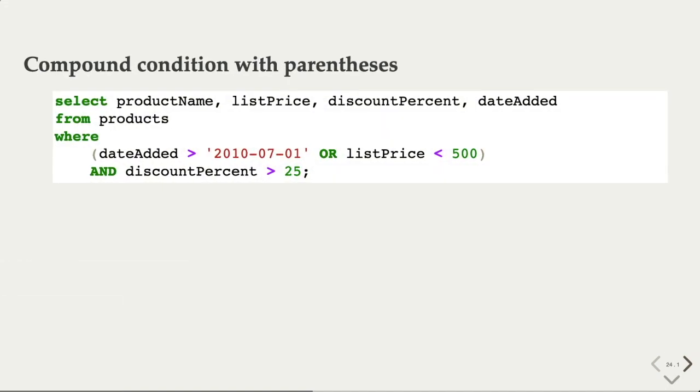Now, just now we did not use any parentheses to specify in which order these conditions should be combined and evaluated first. But if you want, you can do that. And so here we do use a pair of parentheses, for example, to make sure that this or condition will be evaluated first before the and condition is used. Because these operators come with different precedence and they may be evaluated in a different order than you expected.